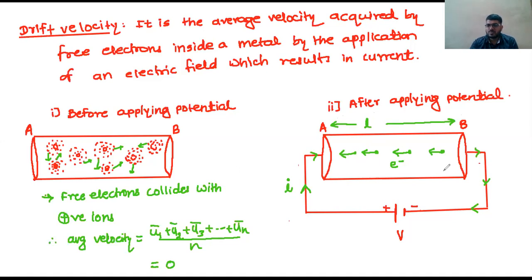Now see, the electric field direction is from positive to negative. This is your electric field direction, and this is also your current density direction. I will tell you again what current density is. E bar, J bar, and similarly this is also the current direction. So this point I will write below so that you will understand.